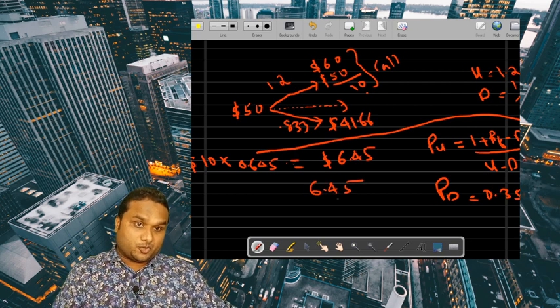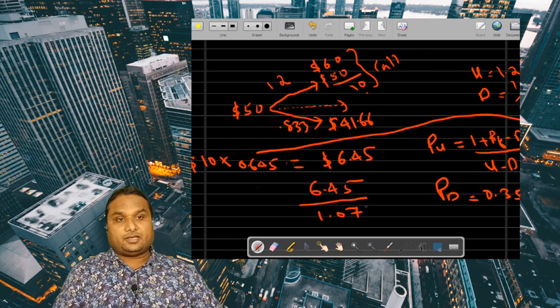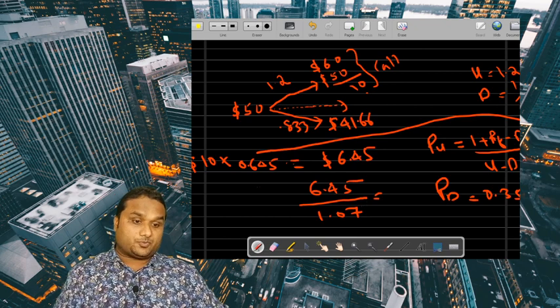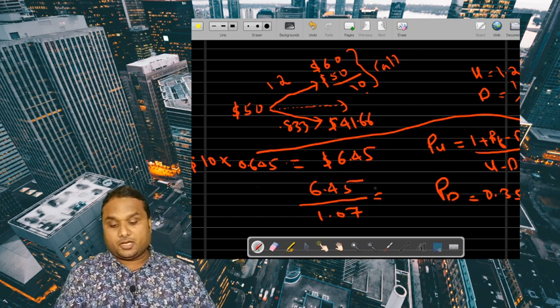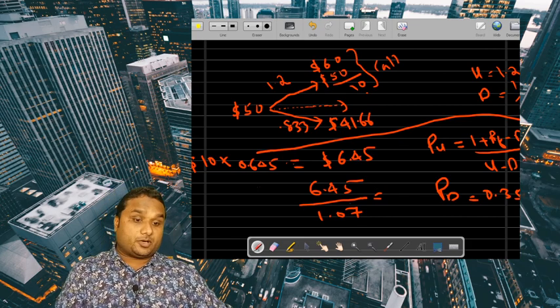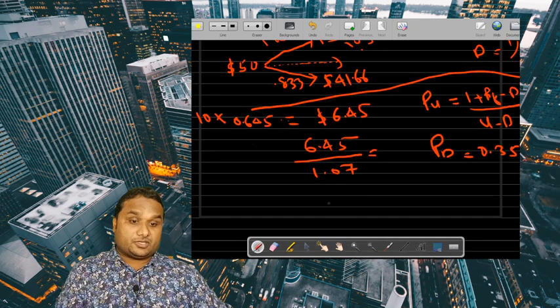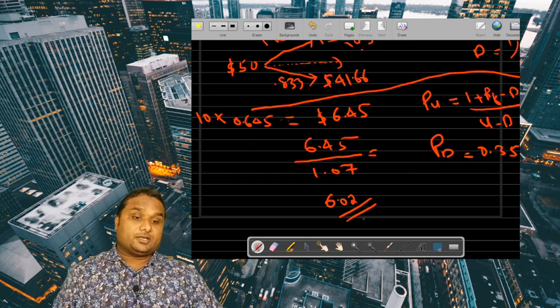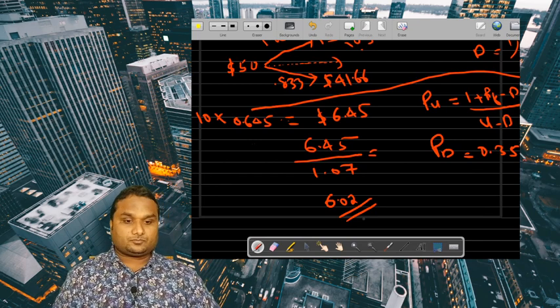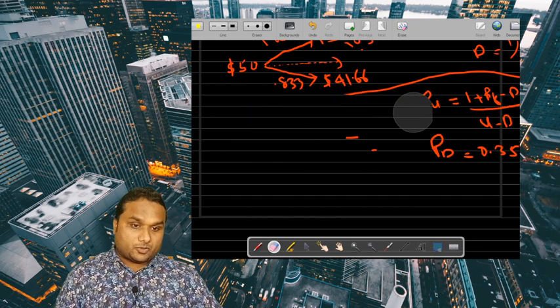The value today is divided by 1.07, that is discounting. So 6.45 divided by 1.07 is 6.02. The value today is 6.02. This is about a call option.